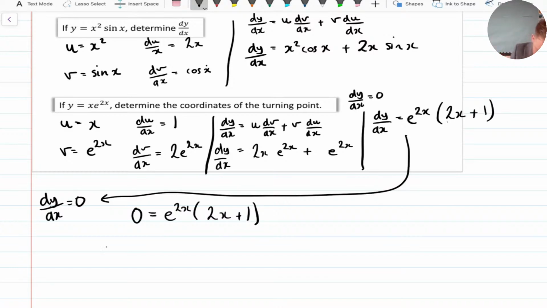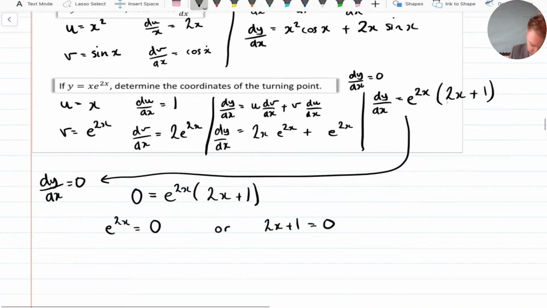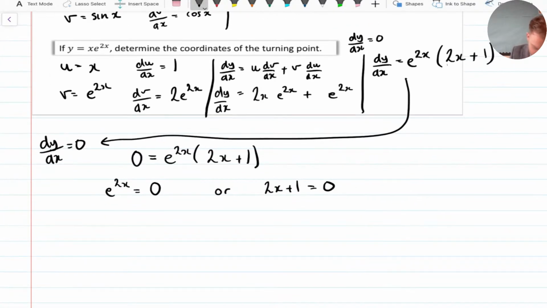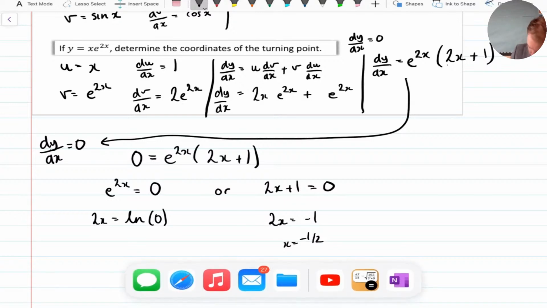So e to the 2x must be equal to 0, or 2x plus 1 is equal to 0. In which case, I'm going to end up with 2x is equal to ln of 0, which will be 1, but we'll talk about that in a second. Or 2x is equal to minus 1, so x is equal to minus 1 over 2. ln of 0, we do know that.